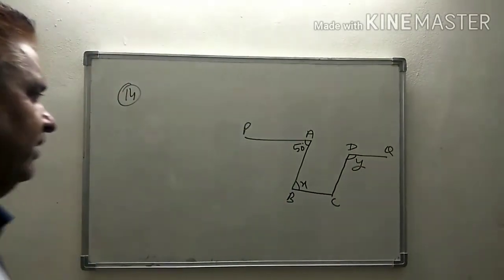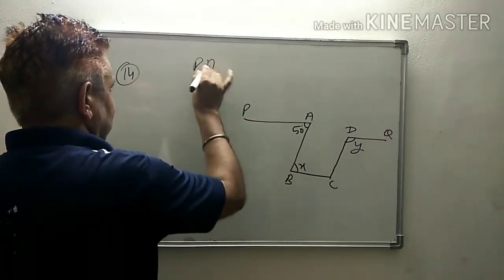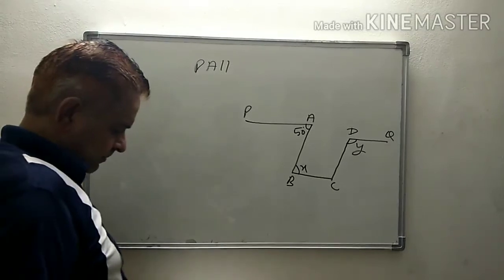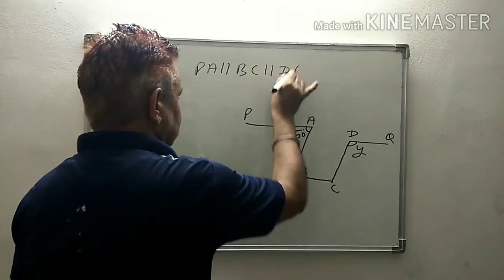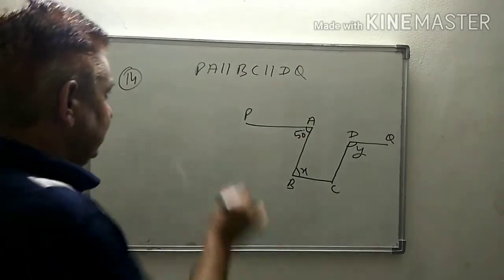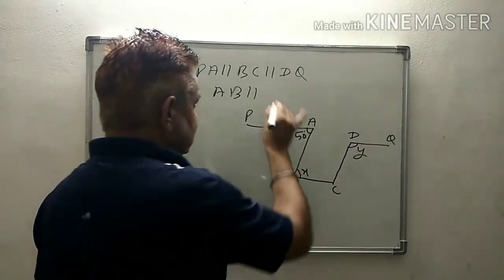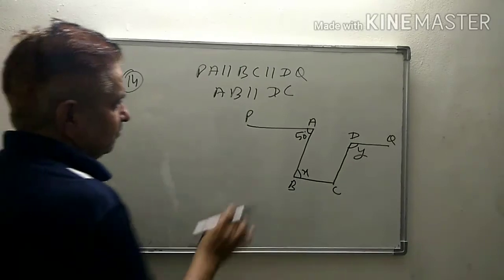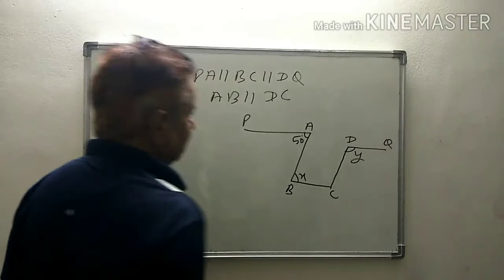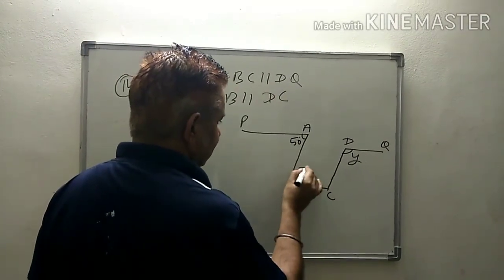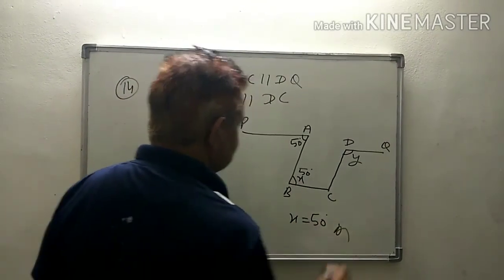You have to find the values of x and y. PA is parallel to BC, BC is parallel to DQ, and AB is parallel to DC, right? This is 50, this is also 50, alternate angles. So x equals 50 degrees, right?